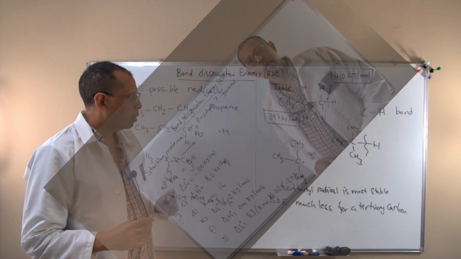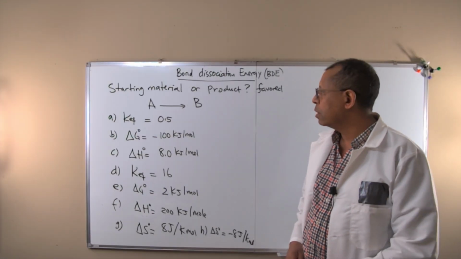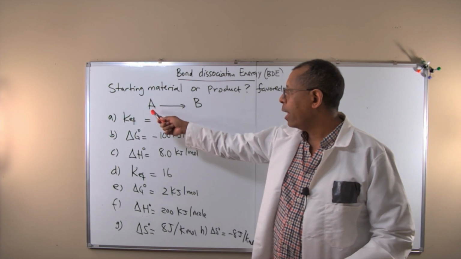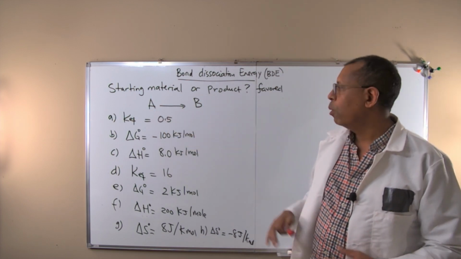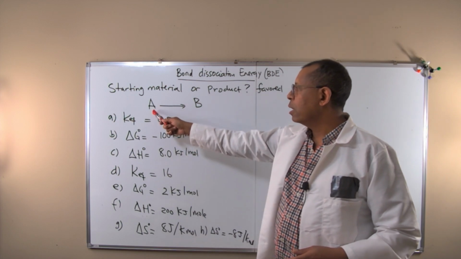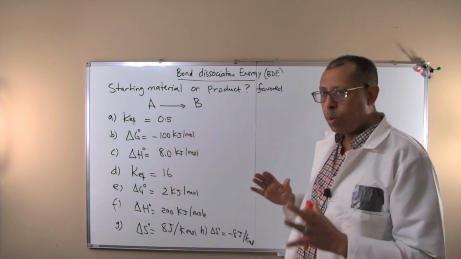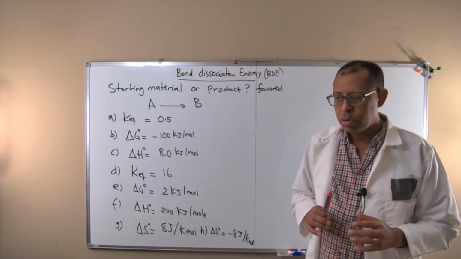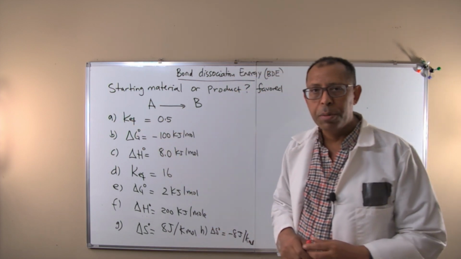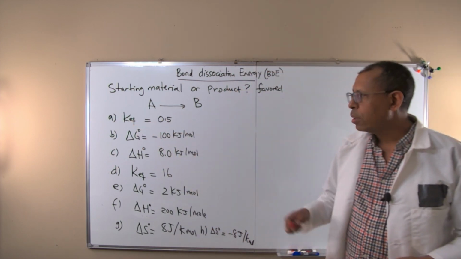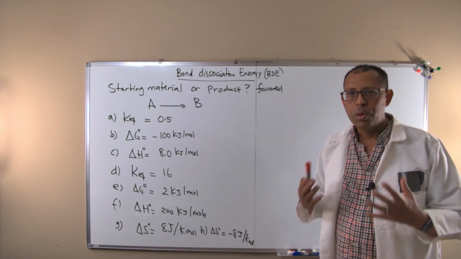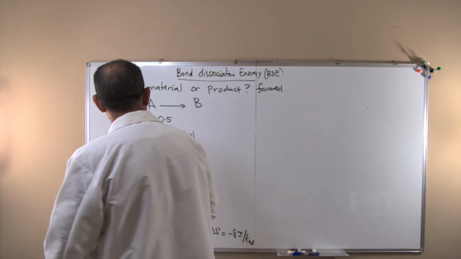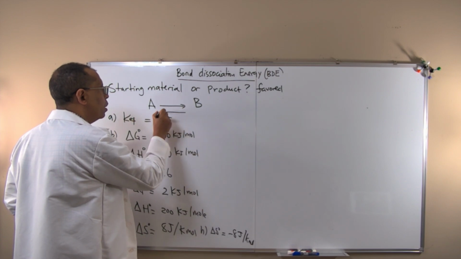So let's continue solving some problems. Here are some thermodynamic values for a reaction of A going to B. This is just a model reaction where starting material A is going to B. There are conditions A to G, and just by looking at the equilibrium or thermodynamic constants given here, you want to predict which way the reaction is going.